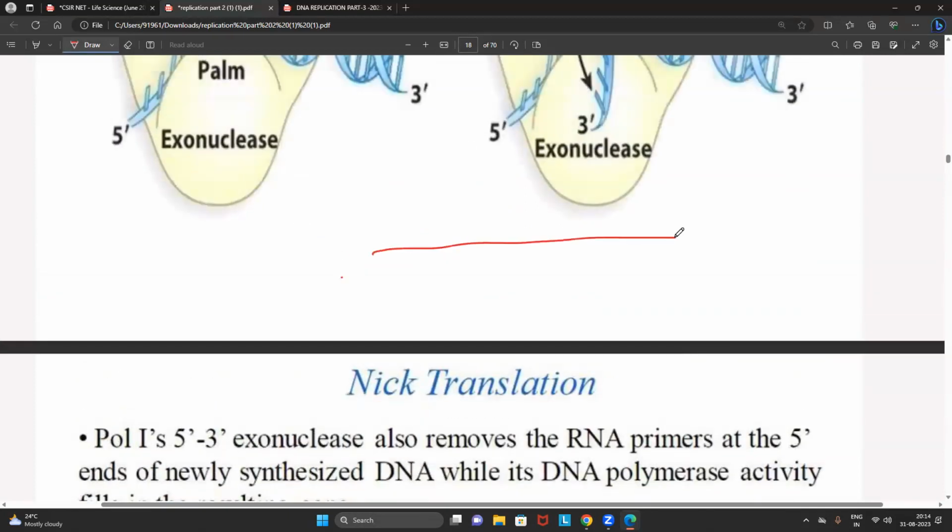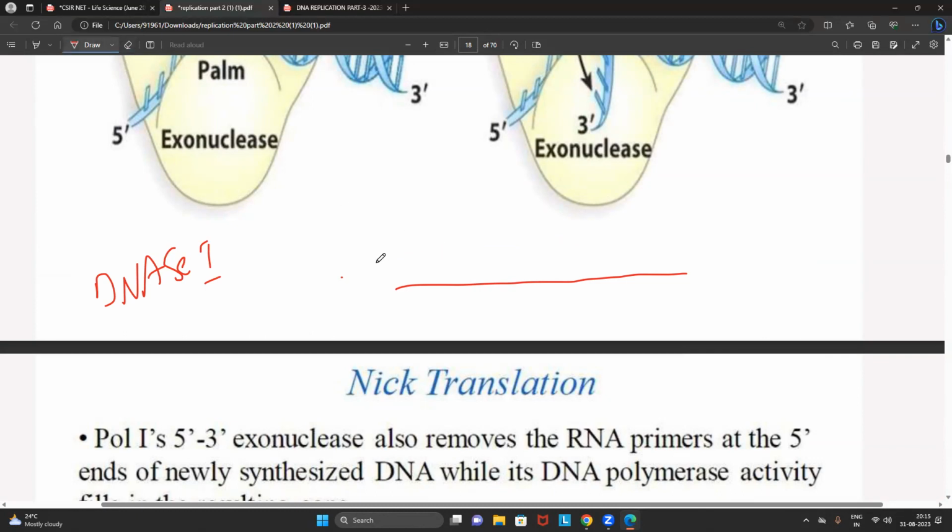All the students listen. This is a double-stranded DNA. Take an example of an enzyme called DNase 1, a degradative enzyme. DNase 1 creates a single-stranded break. You can see there is a break created.